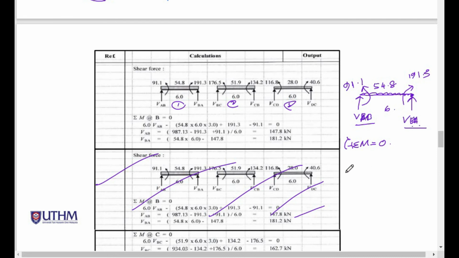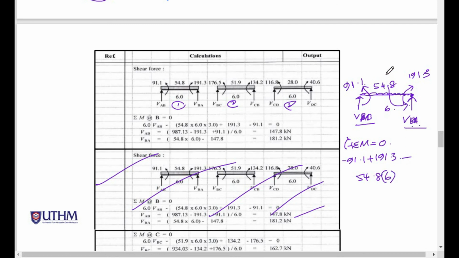I think I do not need to show it, but let me show a bit. So this is negative 91.1 plus 191.3. Okay, so done. So we have here 54.8, which is counterclockwise, so counterclockwise minus 54.8. The length for the loading is 6.